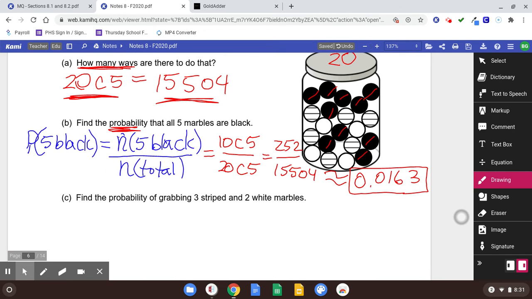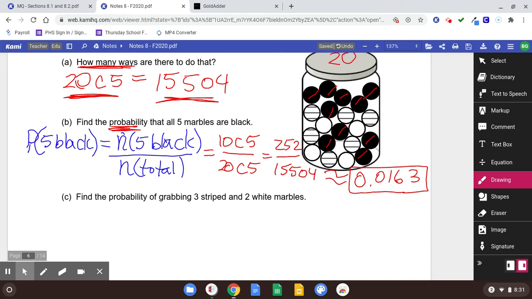Then we want to find the probability of grabbing 3 striped and 2 white marbles. Now notice the word "and." 3 striped and 2 white.